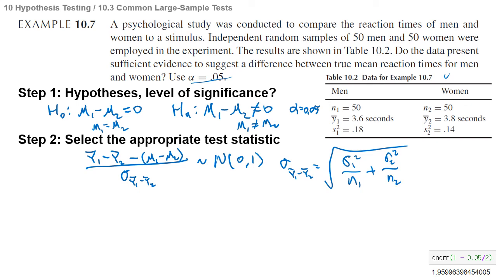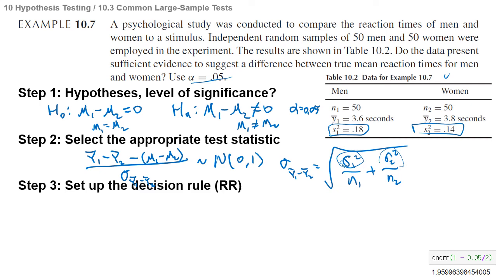Okay, and we have estimates for sigma 1 square and sigma 2 square here. And what's next? The next thing is to set up the decision rule.